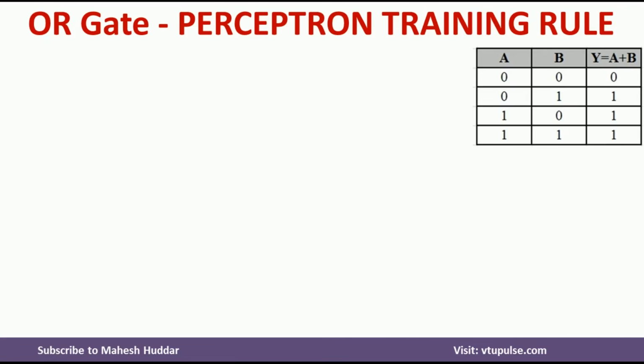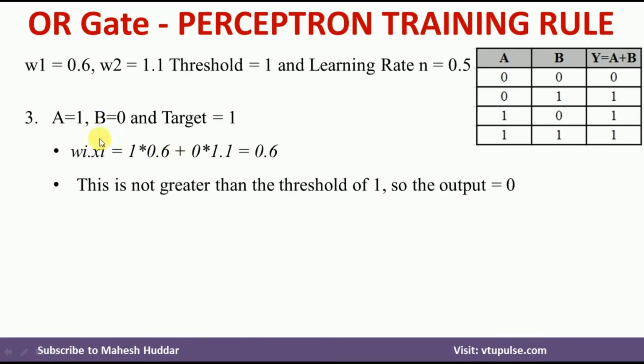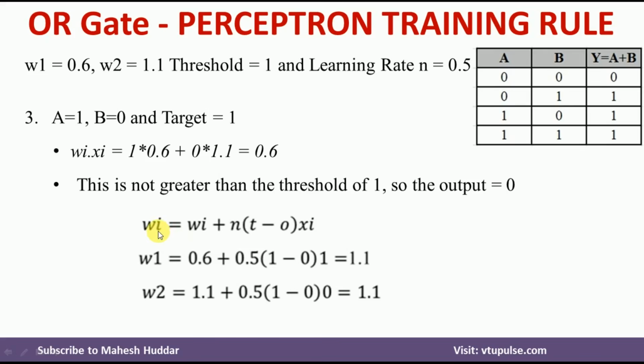Next we consider the third example, that is A equals 1 and B equals 0. The target is 1 in this case. The summation term is 0.6, which is not greater than the threshold value 1, hence the output is 0. 0 does not match with 1, hence we need to update the weights again with the help of the perceptron training rule, that is Wi equals Wi plus n into (t minus o) into xi.